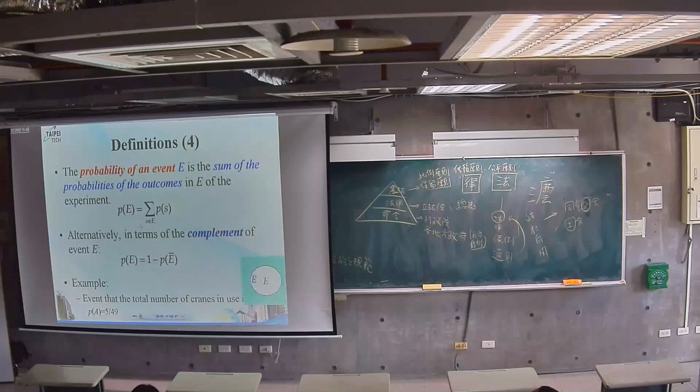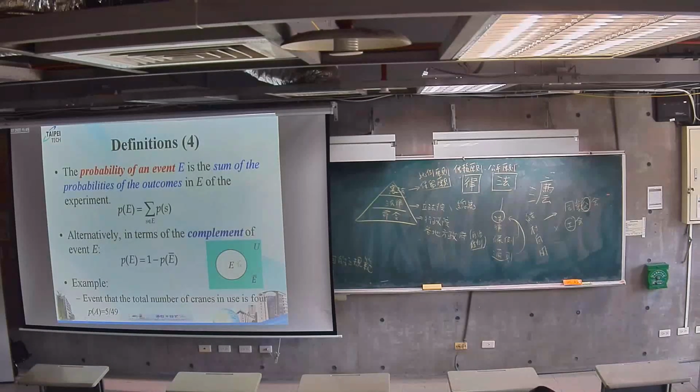Let me give you the picture here. This would be the universe, or the sample space, and E is a subset of the sample space. E bar is the complement of this event.